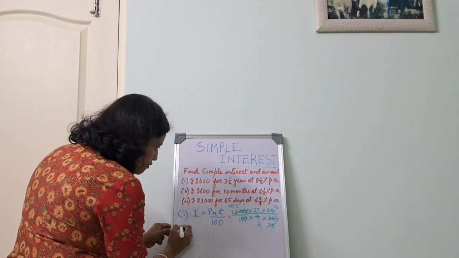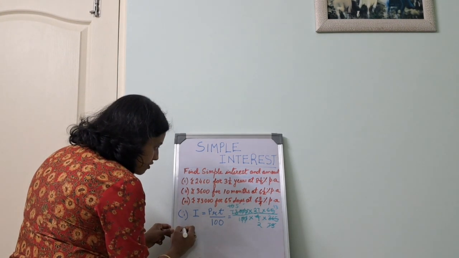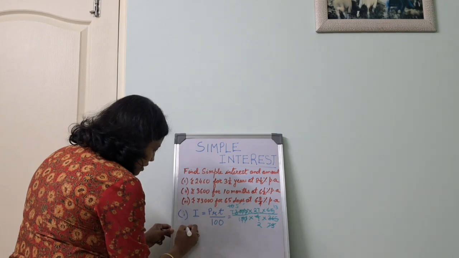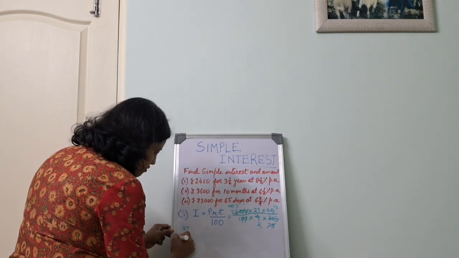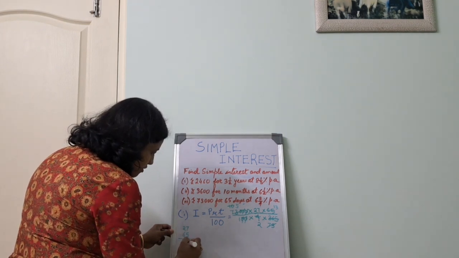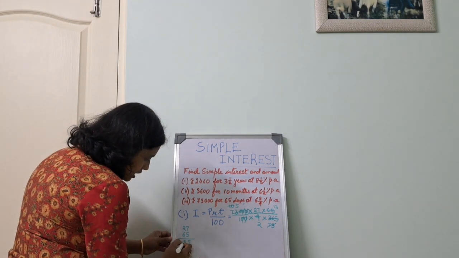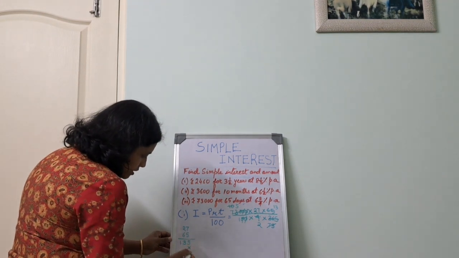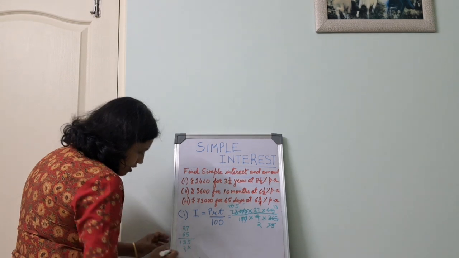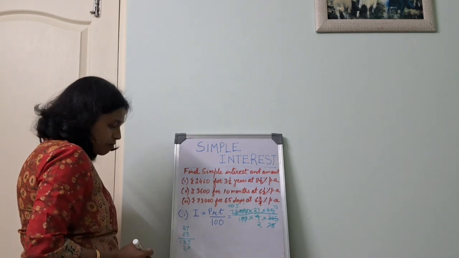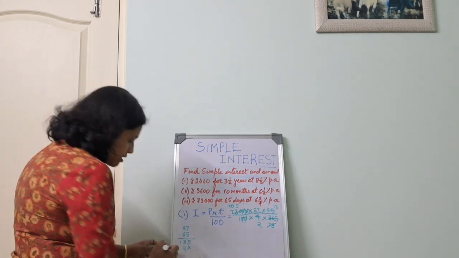So let's do a bit of rough work. 27 into 65. 35 and 3. 10 plus 3, 13. This is 42 and 4. 12 plus 4 is 16.